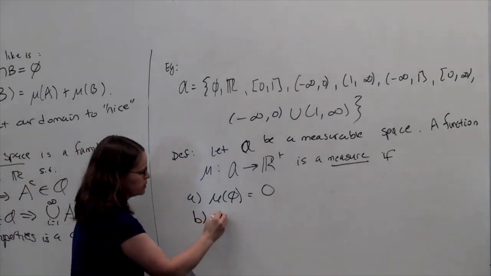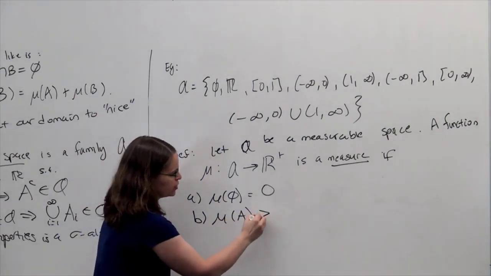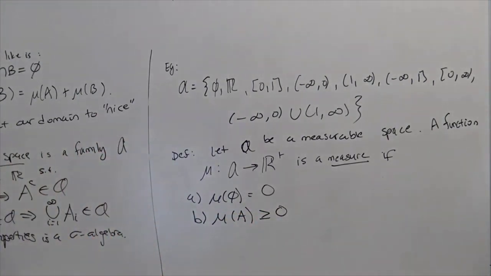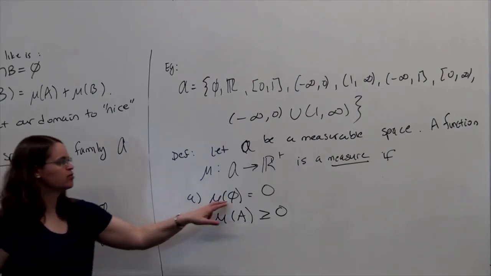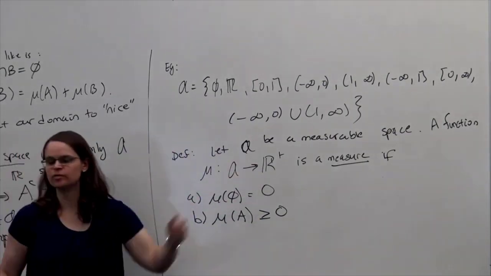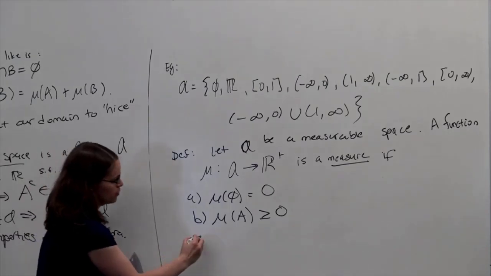We want, I'm going to rephrase things a little bit. This will still be consistent with being an outer measure, but will be a little bit stronger. So positivity. Positivity came out for free before from comparing sets because the null set is contained in any other set. So 0 is less than or equal to the measure of any other set. I'm just going to rephrase this a little bit.